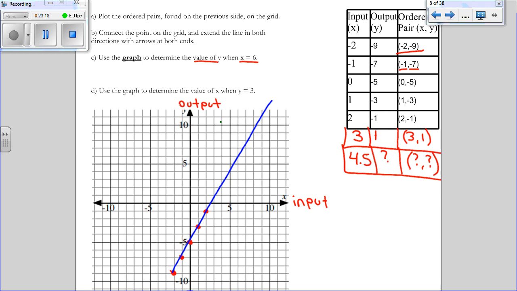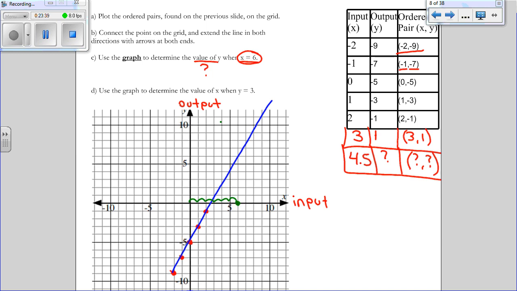Graphically, that means if you go 6 to the right, 1, 2, 3, 4, 5, 6, how high up or how far down do you have to get to be on the graph?